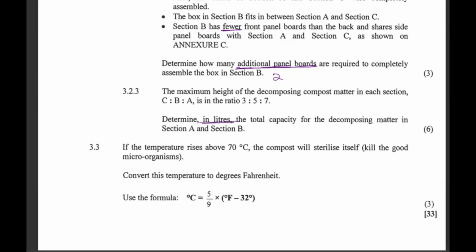So the measurements are in meters. We need to change them, and it will be easy for us to change to liters. We can also find it in meters, then we change it to liters, the total capacity of the composting matter in section A and B.